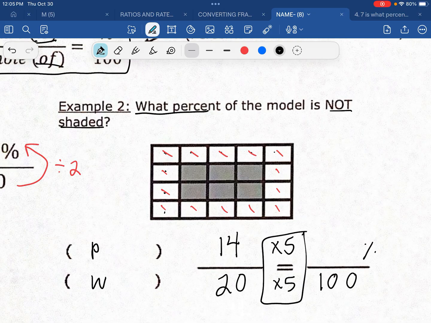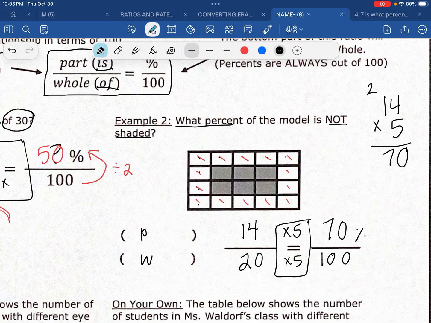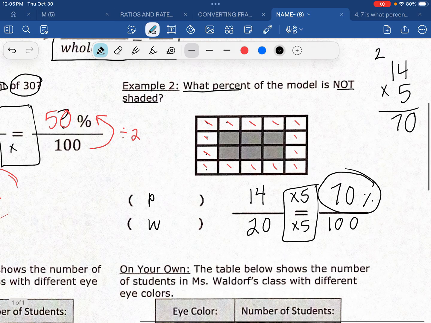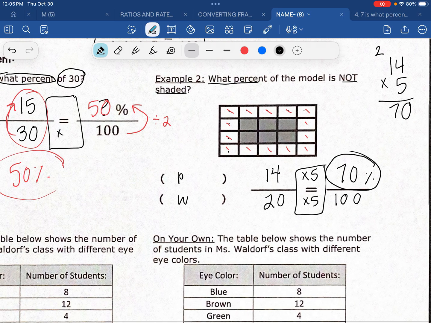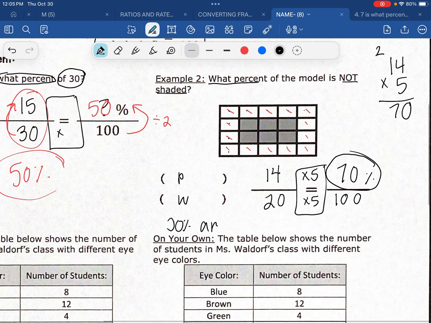So I just need to do 14 times 5 to get my answer. 4 times 5 is 20. 5 times 1 is 5, plus 2 more is 7. So this is 70%. So 70% of them are not shaded. And that means I could also say that 30% are shaded if they were to ask me for that.